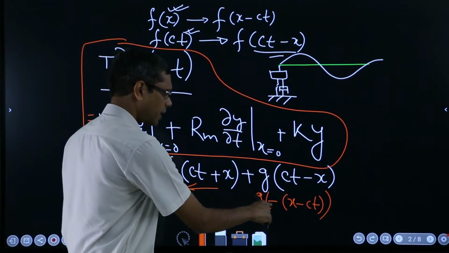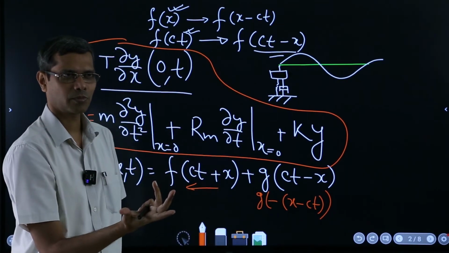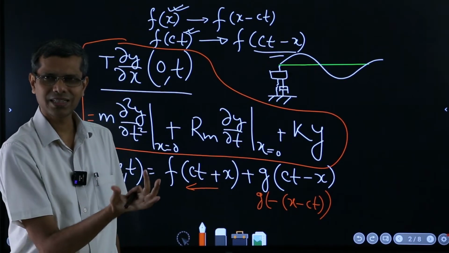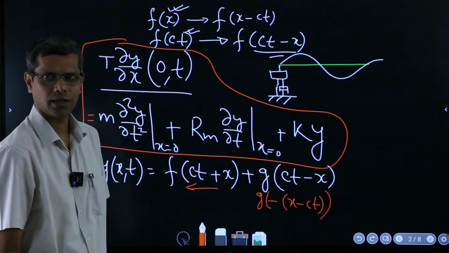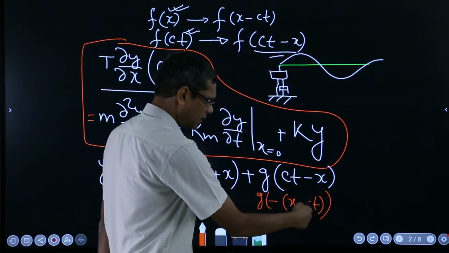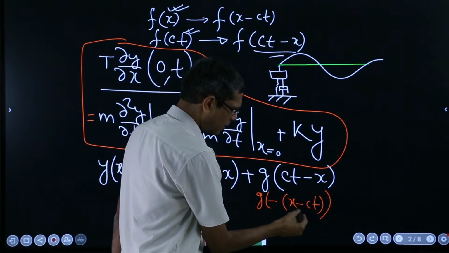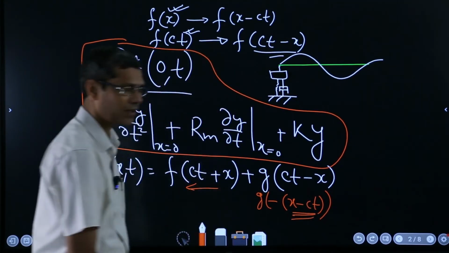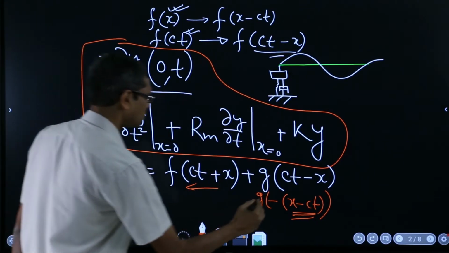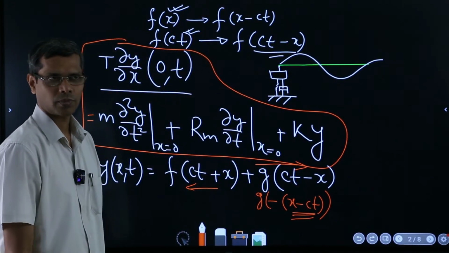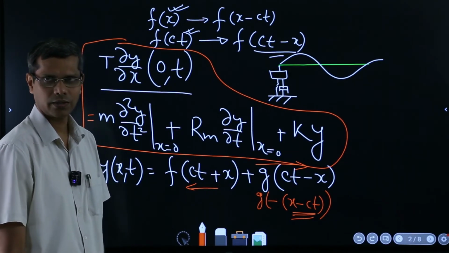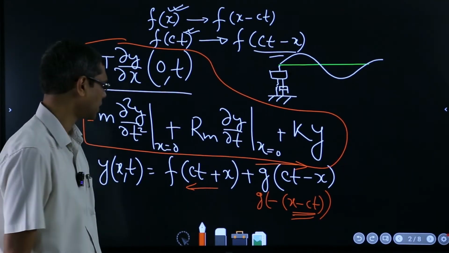This minus doesn't make any sense, it just flips the function about the y axis. But movement is dictated by this form of x minus ct or x plus ct, right. So this function will be moving to the right. Any queries or fine? Okay.